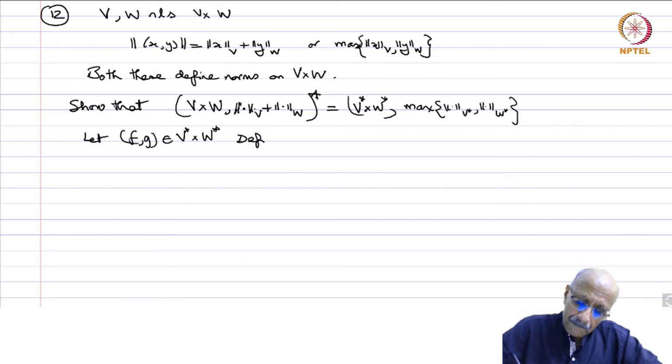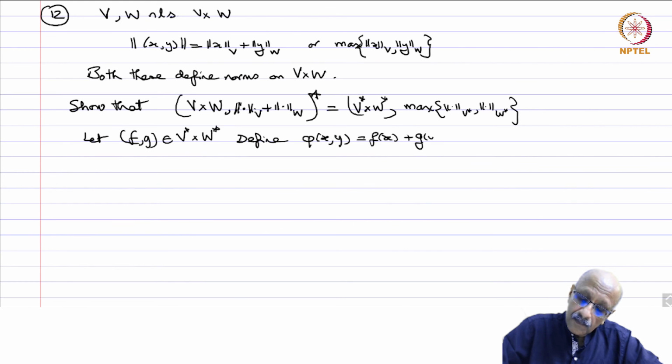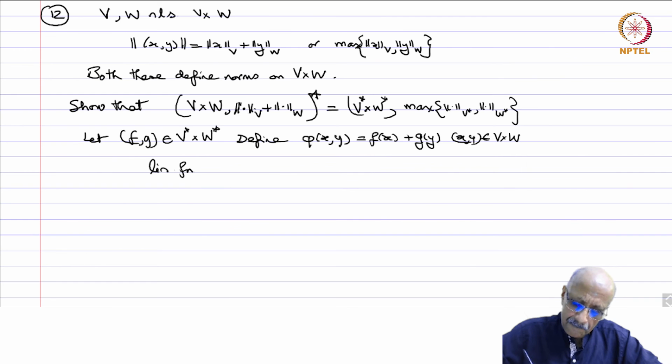Define phi of (x, y) as f of x plus g of y, (x, y) in V cross W. So this is a linear functional, and what is mod phi of (x, y)?